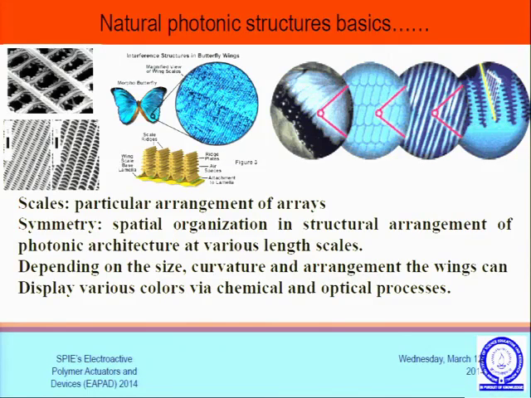For example, if you look very carefully at butterfly wings, going from top to bottom, you can see a hierarchical arrangement of the natural architecture from nanometer to micrometer scale. When you shine light, the spatial variation of these microstructures interacts with the light and shows various optical effects. One can see the various colors in butterfly wings due to this effect.